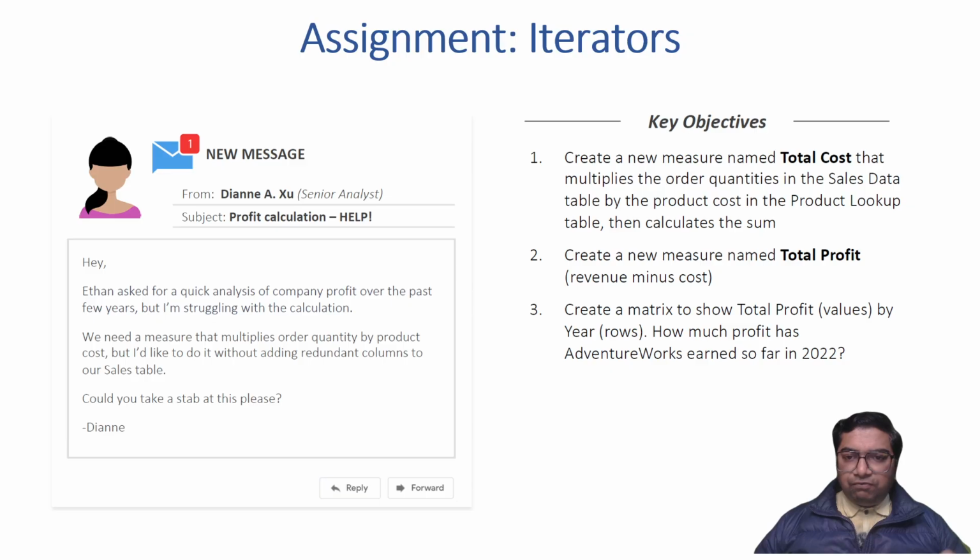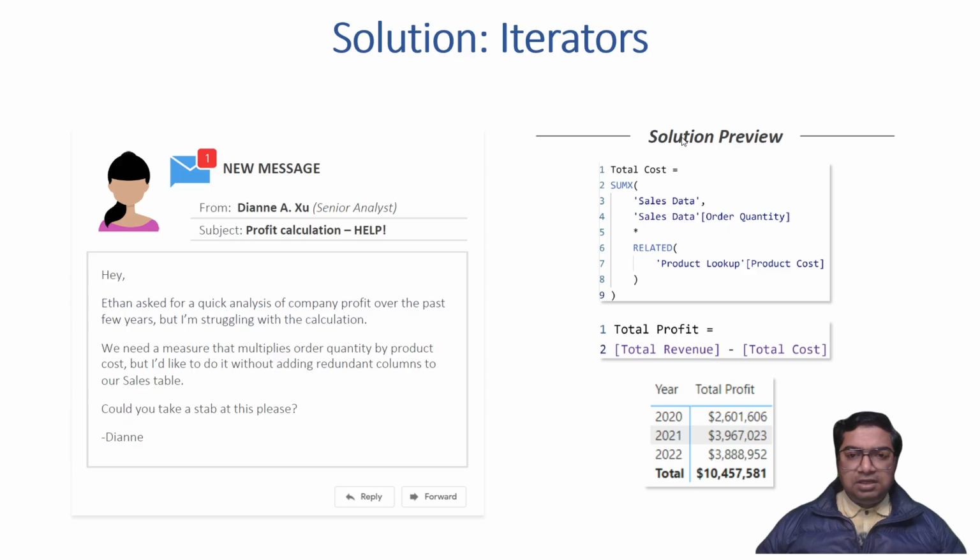So what is in your mind? What can we do? We should create a few measures based on some DAX. I'll show what DAX we can write for that. That is actually the solution to this question. We need to create a total cost using SUMX in the sales data. In the sales data, we need to multiply row by row the quantity by the product cost, but that product cost is located in the product lookup table.